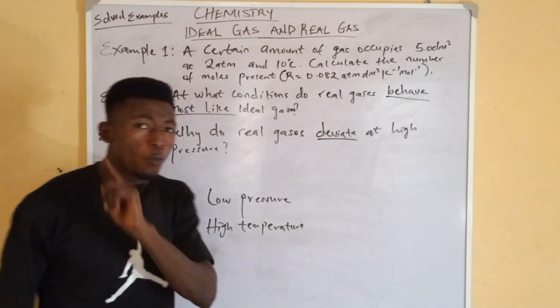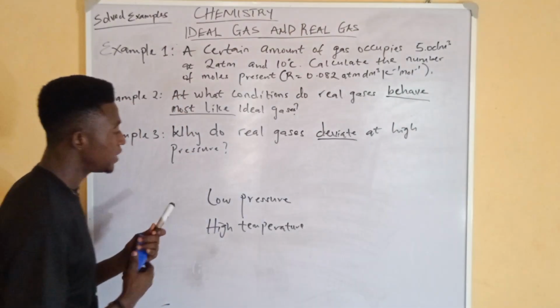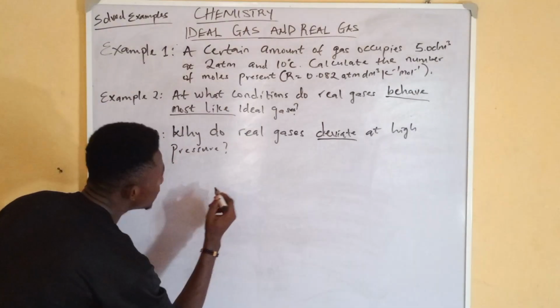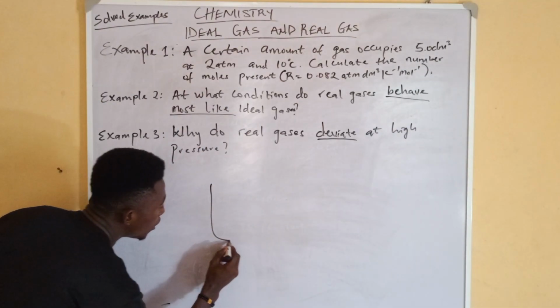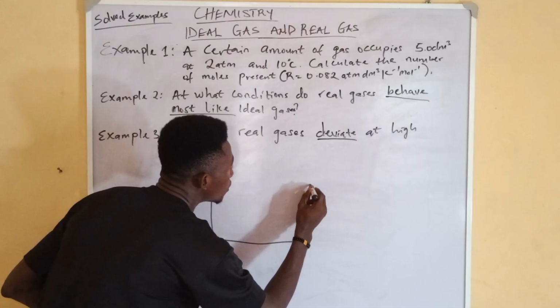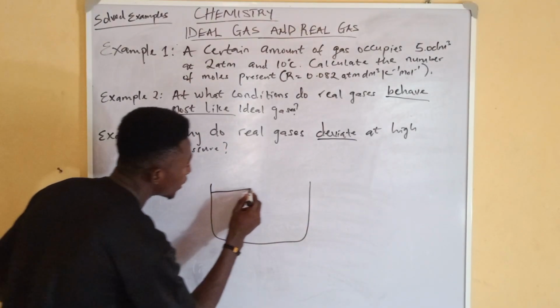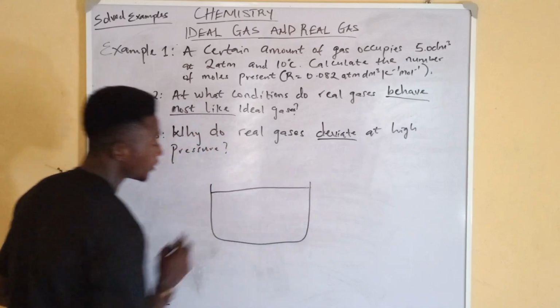Let me explain it like this. Let's say this is a pot, and the volume is here. That is the cover of your pot.